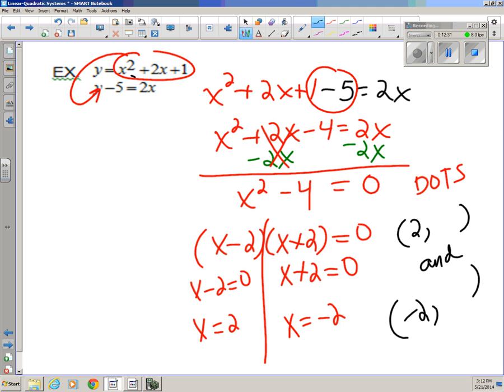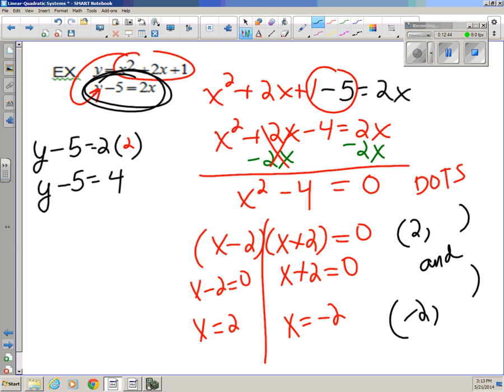Well, I'm going to go for this equation again. It looks a little bit easier. So y minus 5 equals 2 times x. When the first x value was 2, you get y minus 5 equals 4. Well, add 5, y equals 9. So when x is 2, y is 9.